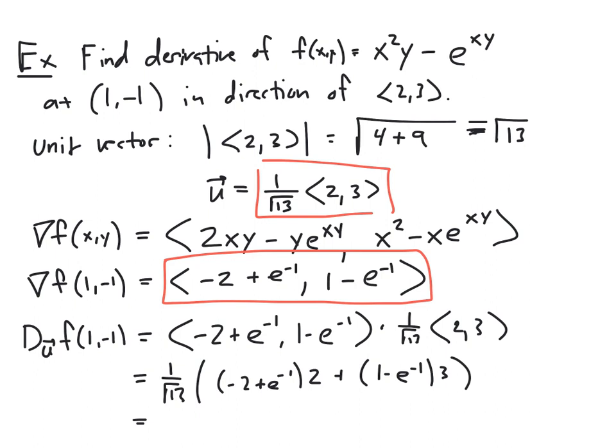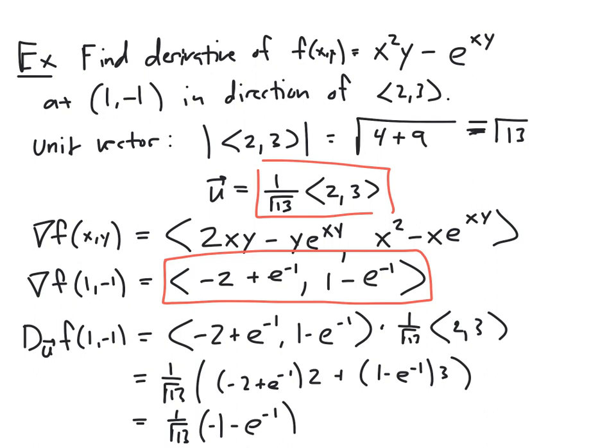And when you do all of the algebra here, we can write this as 1 over square root of 13 times the number -1 minus e to the -1. Right? And so this is our directional derivative.